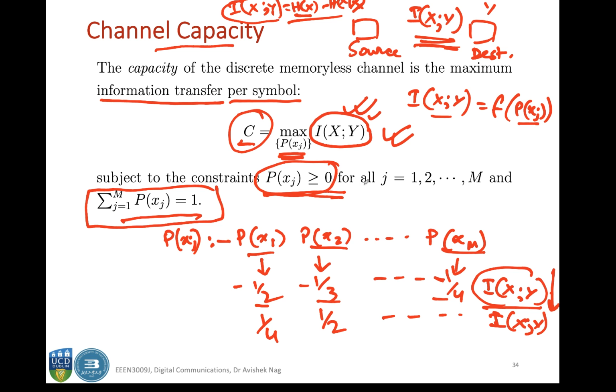Keeping these two constraints, you can play with the values of the probabilities until you get the maximum value of I of x semicolon y. That maximum value, whatever you get, is your channel capacity. So this is the information theoretic definition of channel capacity.